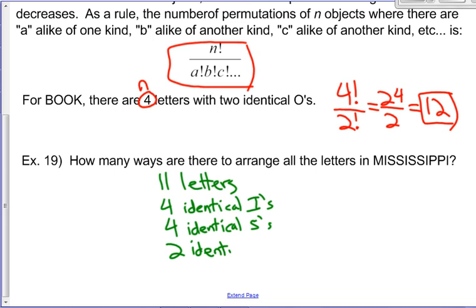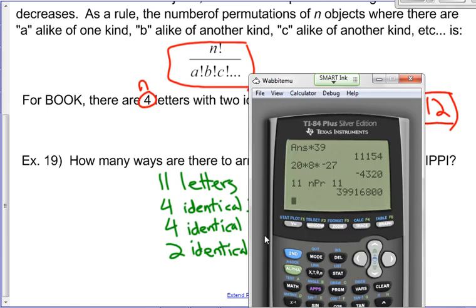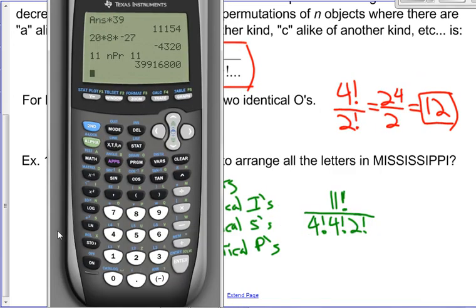Identical. So if we set this up, we'd say there are 11 objects, but 4 alike of one kind, and 4 alike of another kind, and 2 alike of another kind. And I'll work that out, and it better give me a lower number. Otherwise, something is very weird.